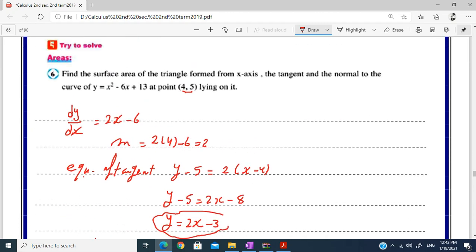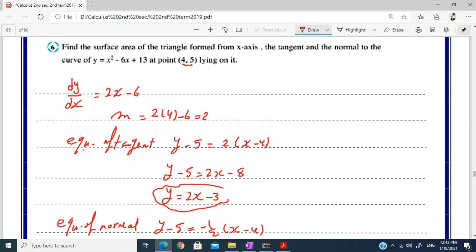And the area between the x-axis and the tangent and the normal, we can draw it on GeoGebra.